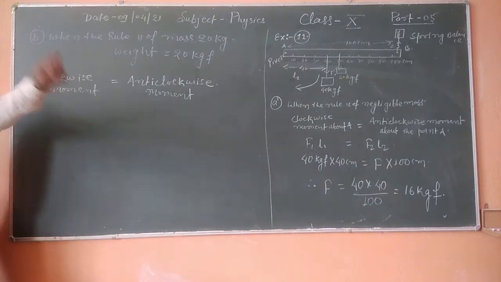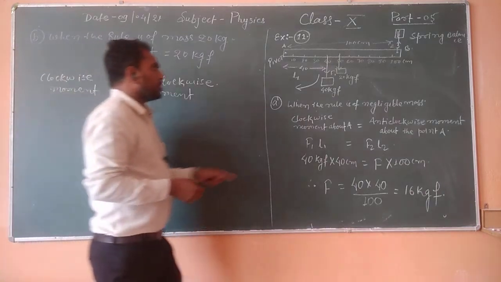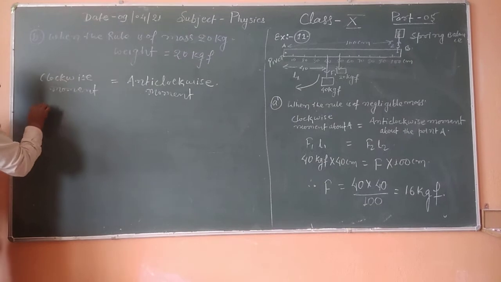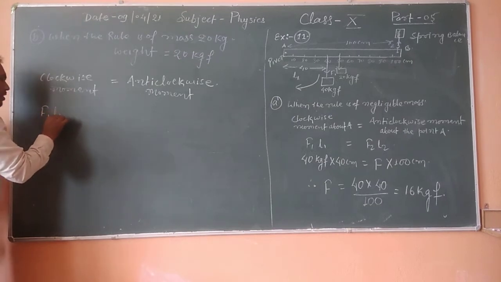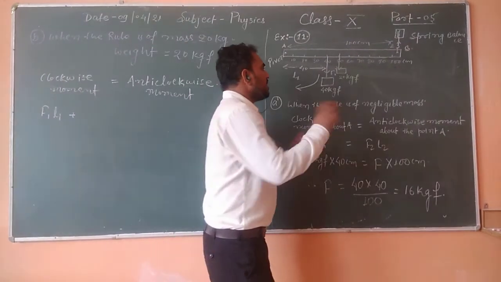So now the sum of clockwise movements. First of all, it will be F1 L1 plus, now I am renaming it.